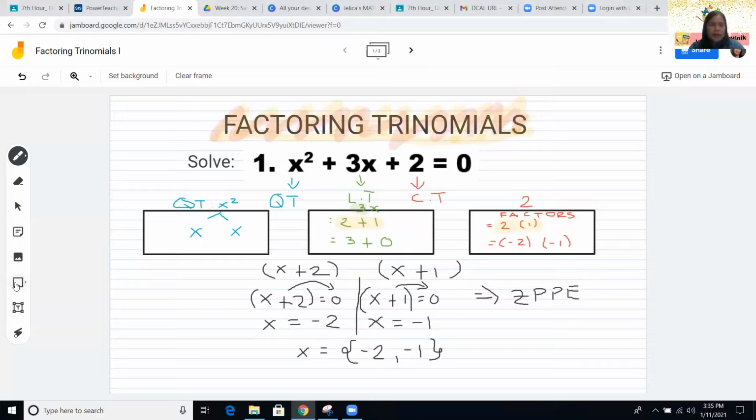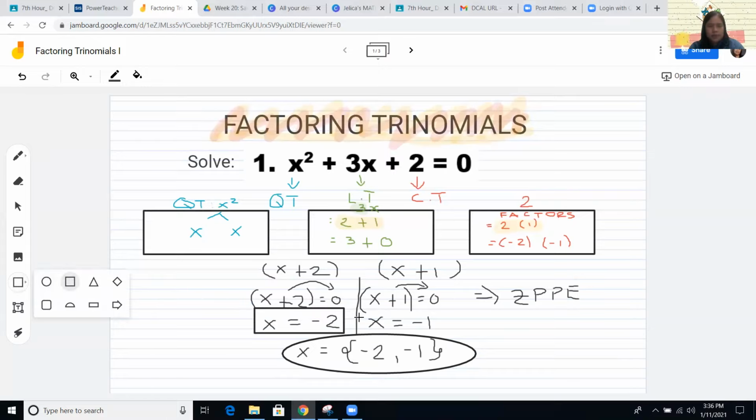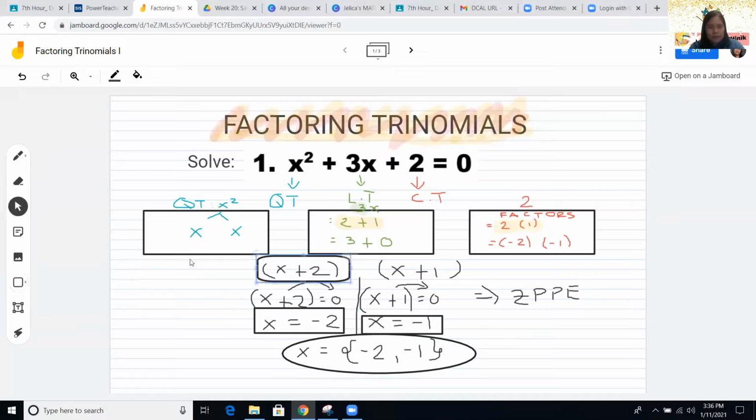And then we are going to highlight our answers. Let us box our answer or encircle it. So this is the answer, the roots. For the x-intercepts, we can also highlight them, this one and this one. There you go. For the factors, if they're asking you for the factors, these are the factors. Take note, we have the same answer.